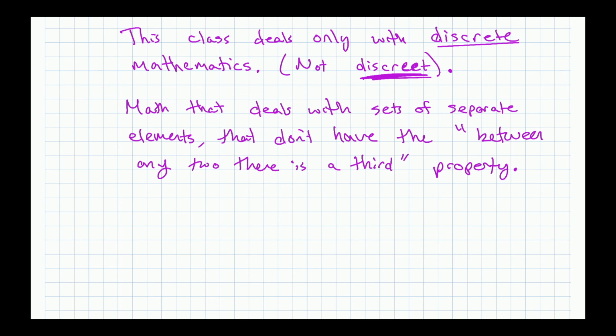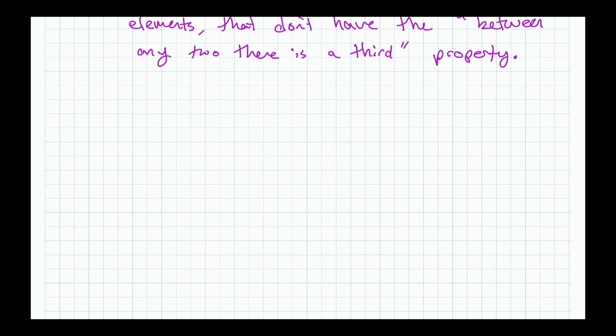There's lots and lots of stuff like this that we could be talking about, and in this class, we're going to go through and learn about some of them. So, examples of things that fall under the category of discrete math.